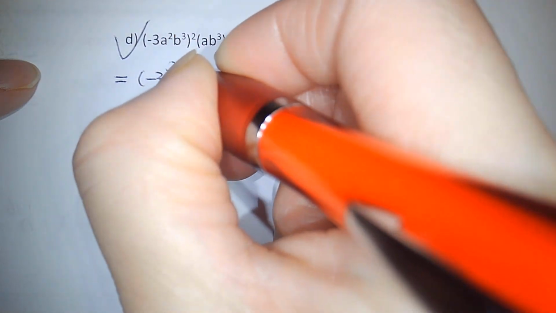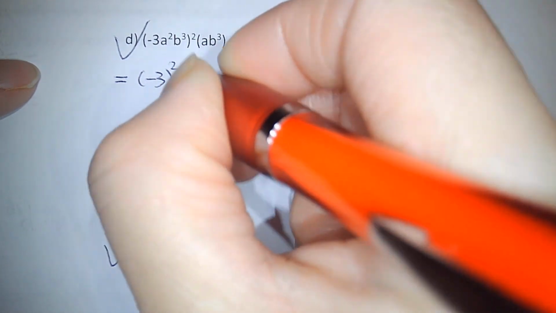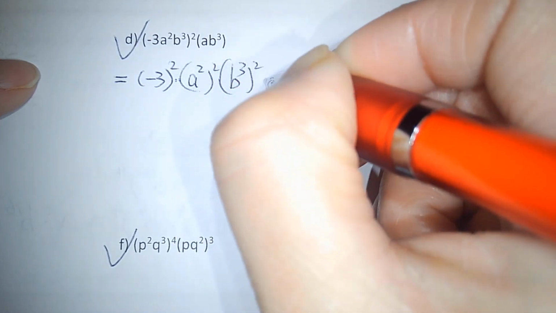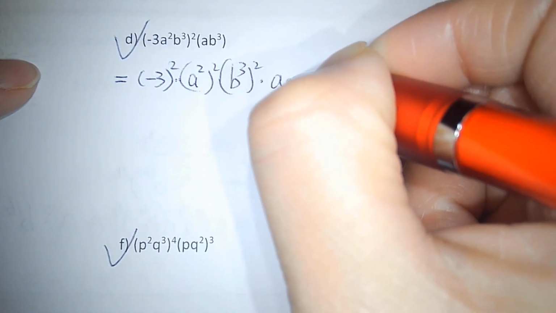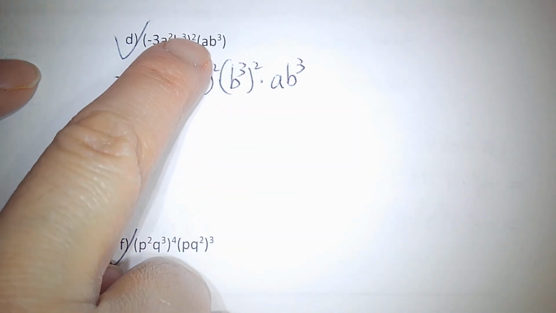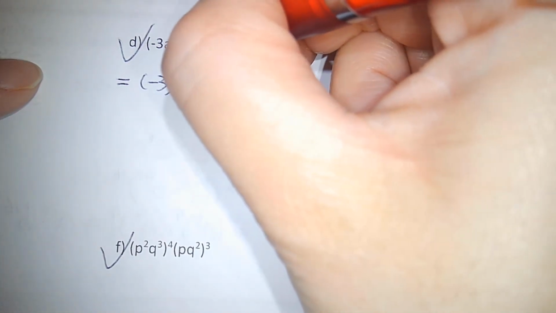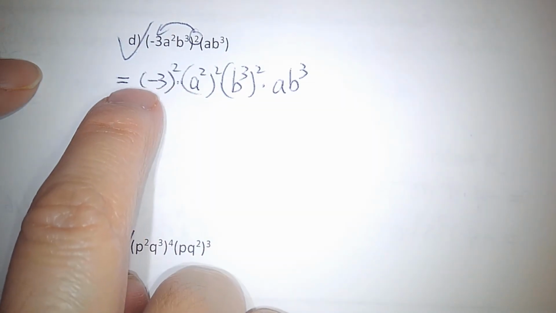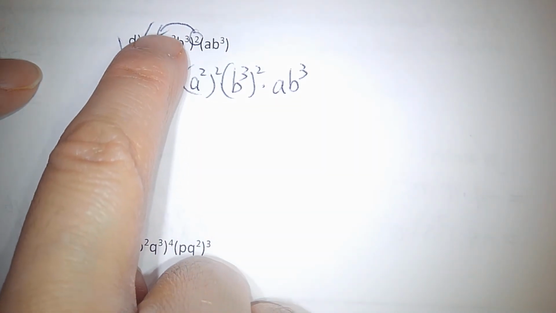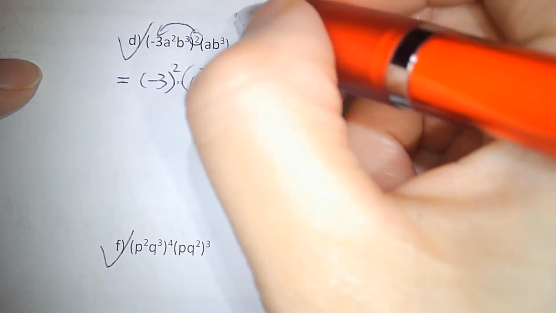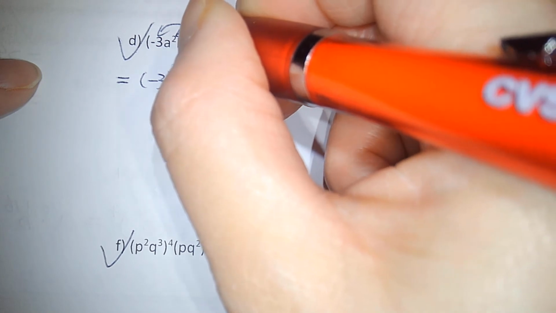So negative 3 squared, a to the square times b to the cube squared times ab to the cube, right? Distribute the 2 to this factor, but don't forget to add on parentheses. Negative 3 squared, a to the square, b to the cube squared. Distribute the power 2, right?